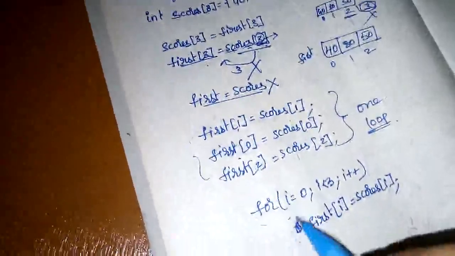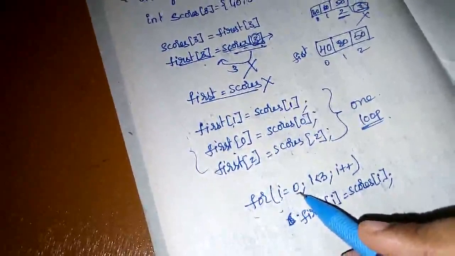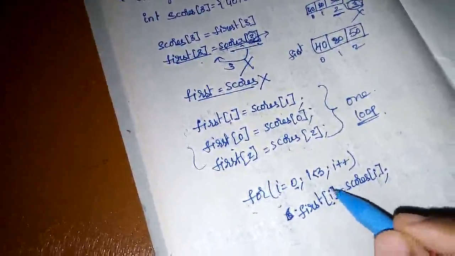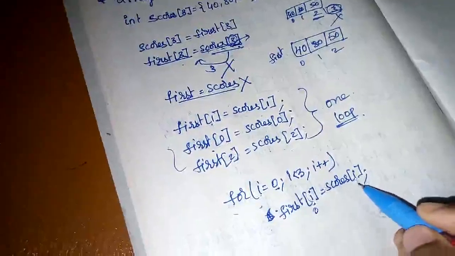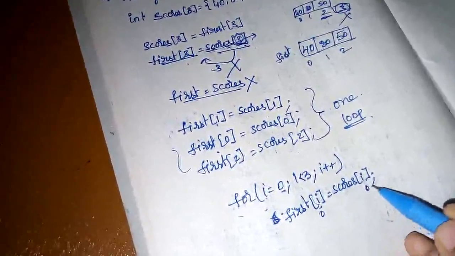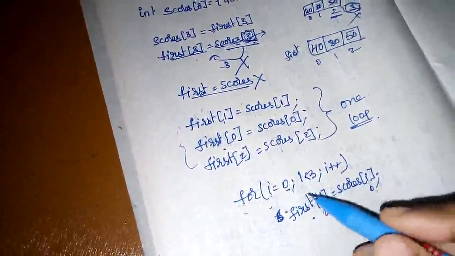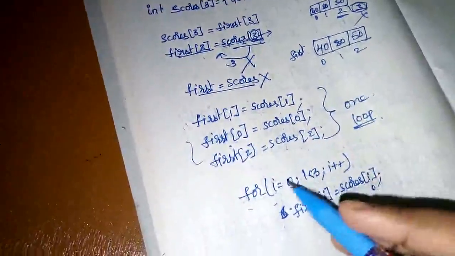When you execute this, in the first iteration the value of i is 0. So in the place of i, 0 will be substituted, so first of 0 is equal to scores of 0. The scores of 0 element will be copied to the first array.